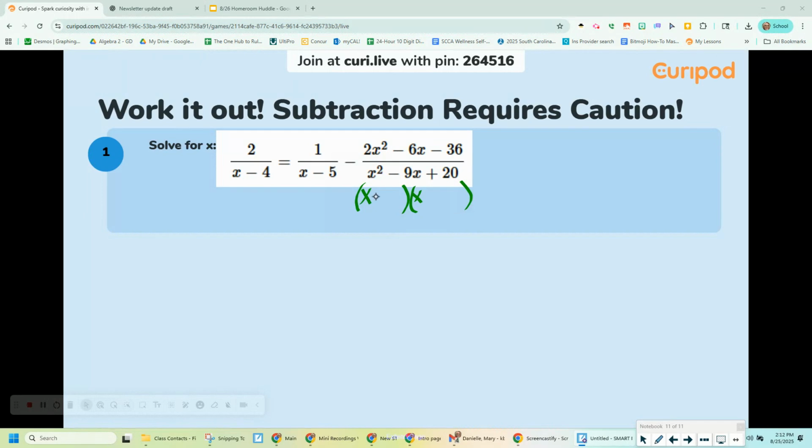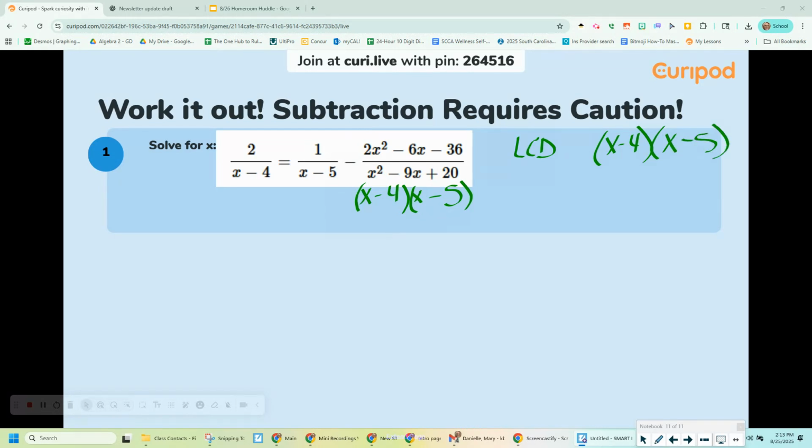That would be x minus 4 and x minus 5. All right, so now you see some similarities there, right? So our least common denominator is going to be x minus 4 times x minus 5.